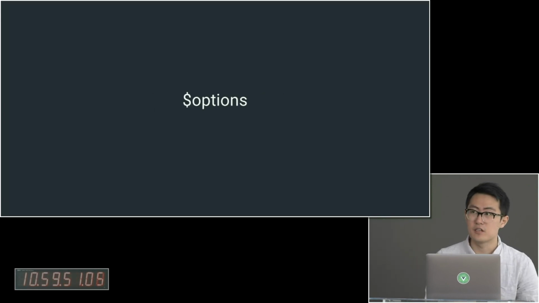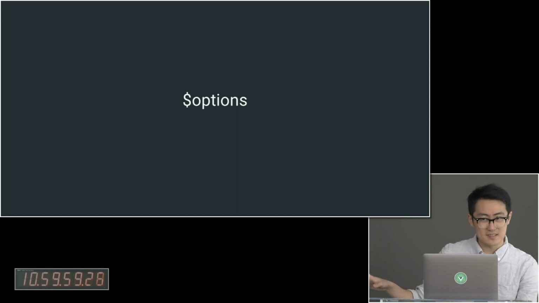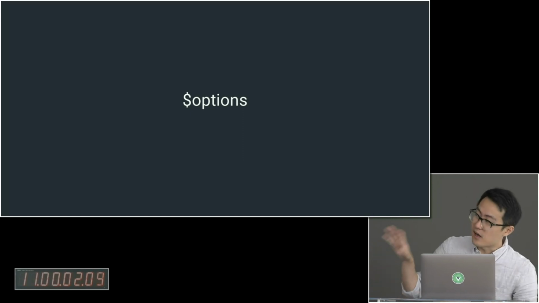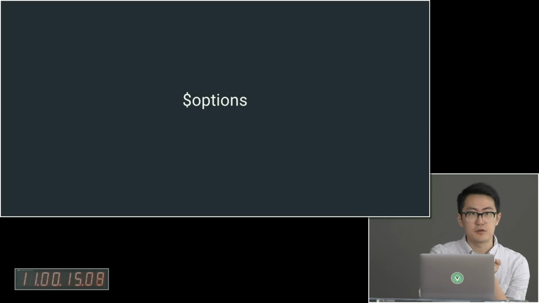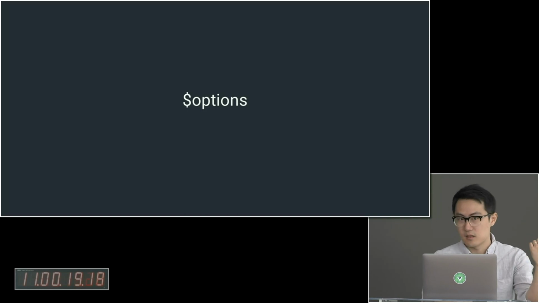And the other commonly used thing is this $options instance property. So probably not many of you know this thing exists. But this $options exists on every component. And this contains the merged, normalized options object of that specific instance. Because we know Vue component options can come from a lot of places. It can come from global mixins. It can come from the component's own definition.